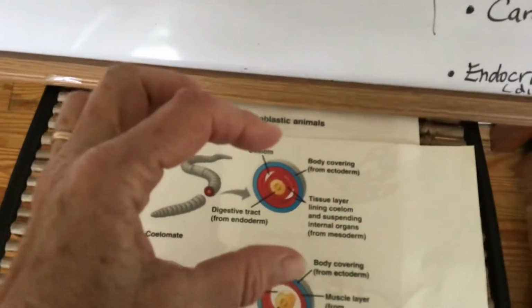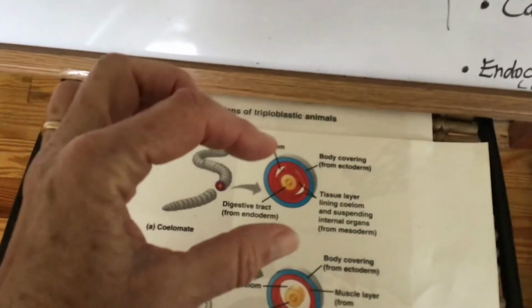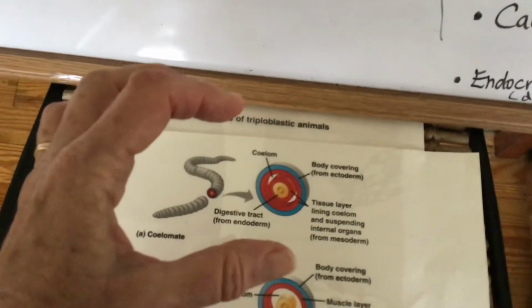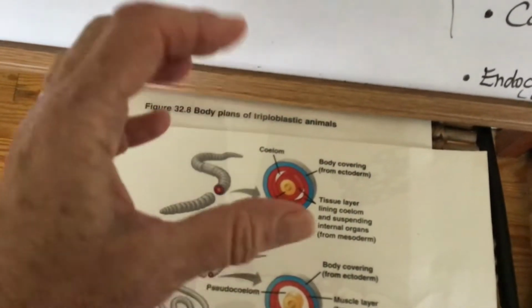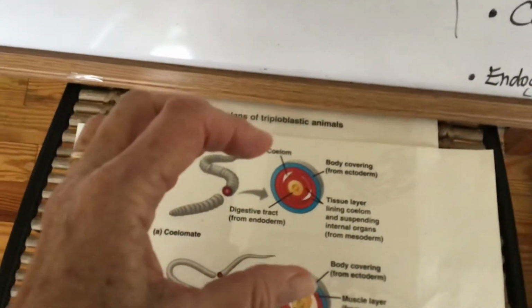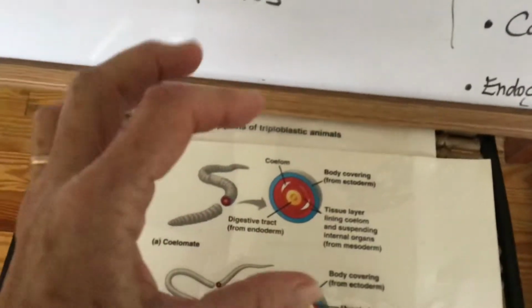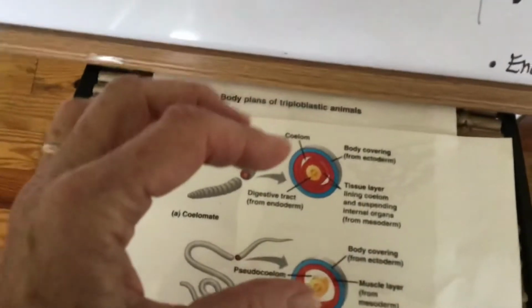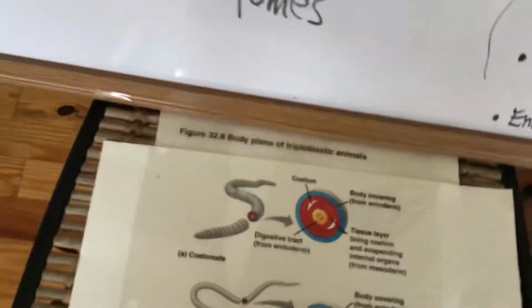So imagine, for example, your stomach. It allows your stomach, as you eat, to get bigger, and then when you digest, it gets smaller. So it allows expansion and contraction of the organs. Think of your heart. Of course, it's beating, so it allows expansion and contraction. So that's basically how the coelom acts in higher level organisms.